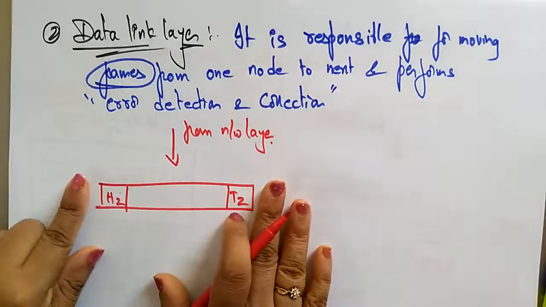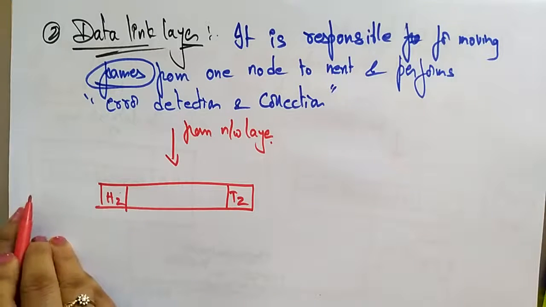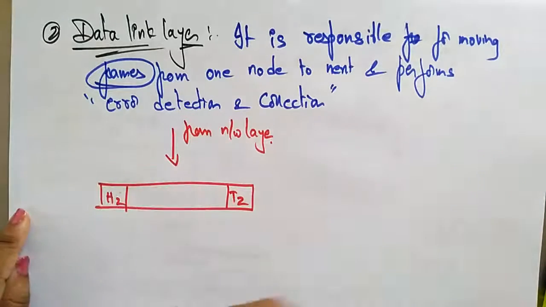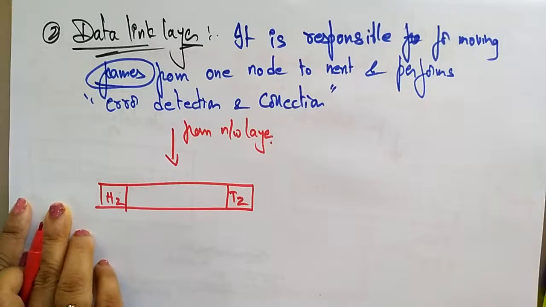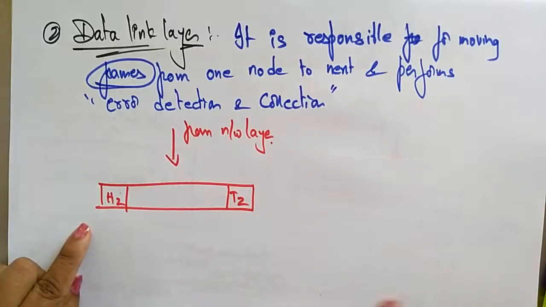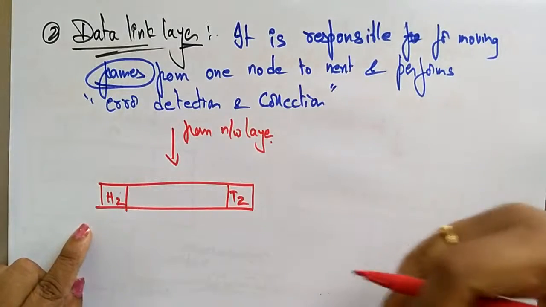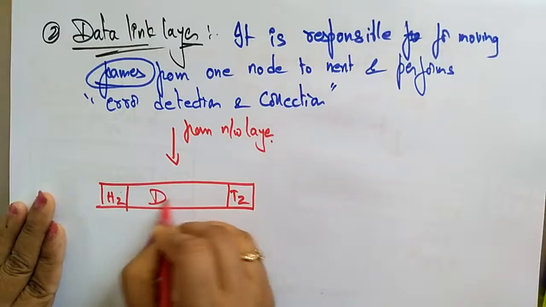Like this, H3, H4, H5 coming from the network layer, transport layer, all the headers will be occupied on the left-hand side, and only the data link layer has the trailer, and that message will be transferred to the next node. And here your data will be present.